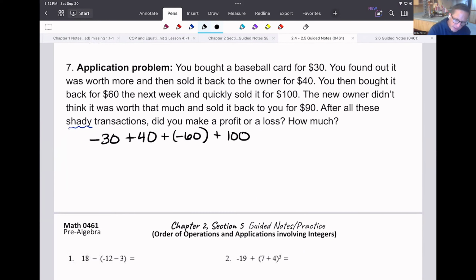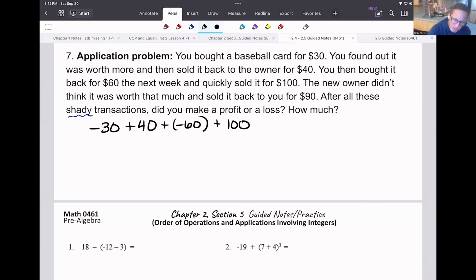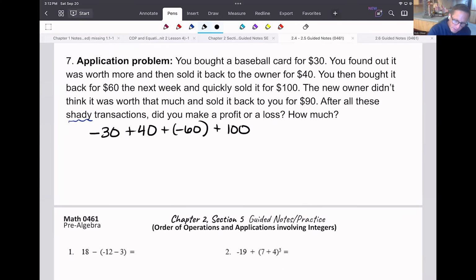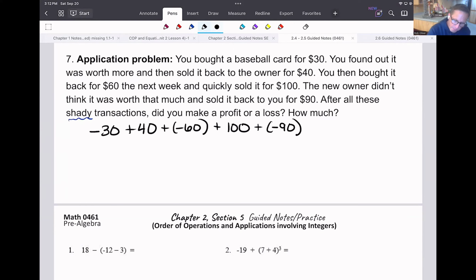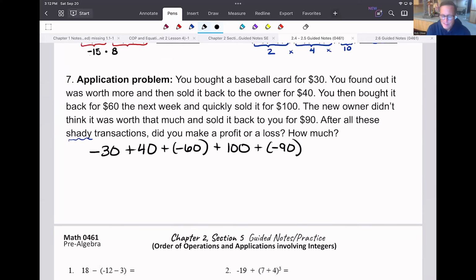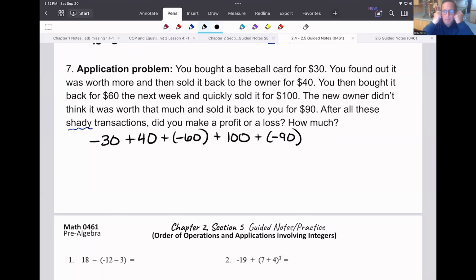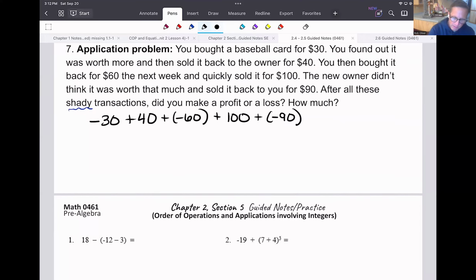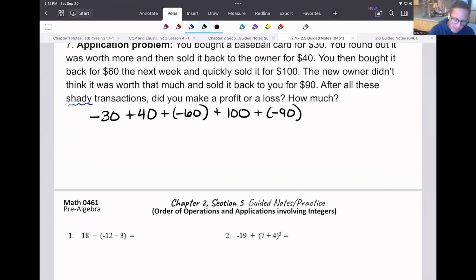All right, the new owner didn't think it was worth that much and he sold it back to you for 90. So that's going to be a negative because you're buying it. And after all these shady transactions, yeah, because it's a lot of back and forth on the same card. Okay, but let's just go through this and see how it all comes out.